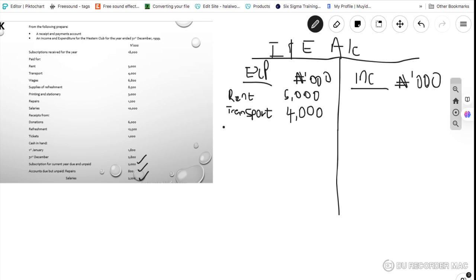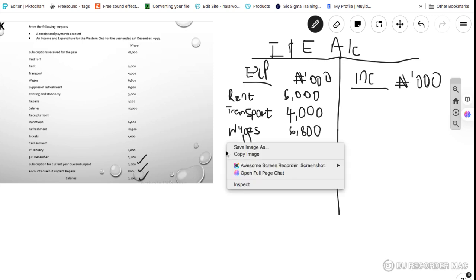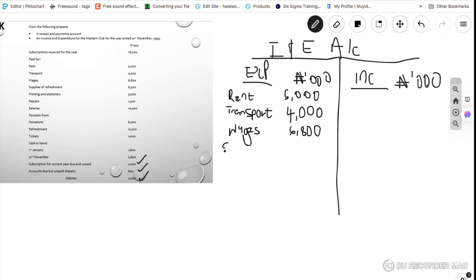Okay, so we have transport, which is an expenditure, so that is 4 million. Then we have wages, which is equivalent to 6,800,000. That will be on the debit side as an item of expenditure. We also have supplies or refreshment, because when we make supplies we are incurring expenses.